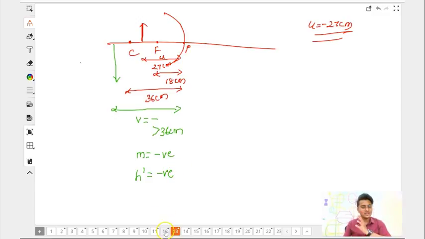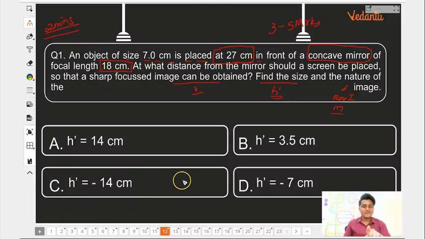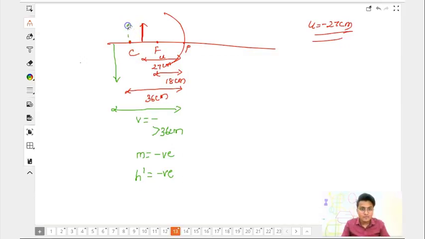Now let me show you the options. I have two options, A and B, giving me a positive h, hence out of the picture. Moving to the third and fourth option, it's pretty clear which is the correct answer. One of them is 14 centimeter, one of them is 7 centimeter. Which of them is correct, guys? The object height is 7 centimeter and the image height also 7 centimeter can only happen when the object is exactly on the center of curvature.